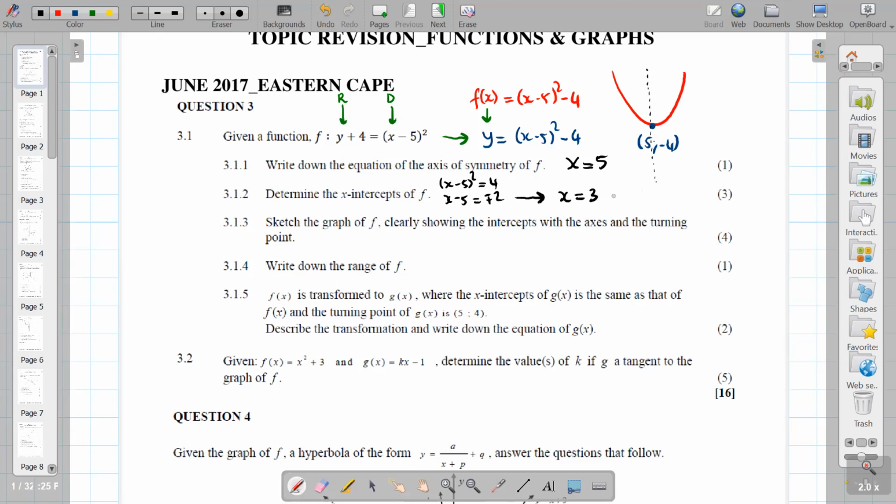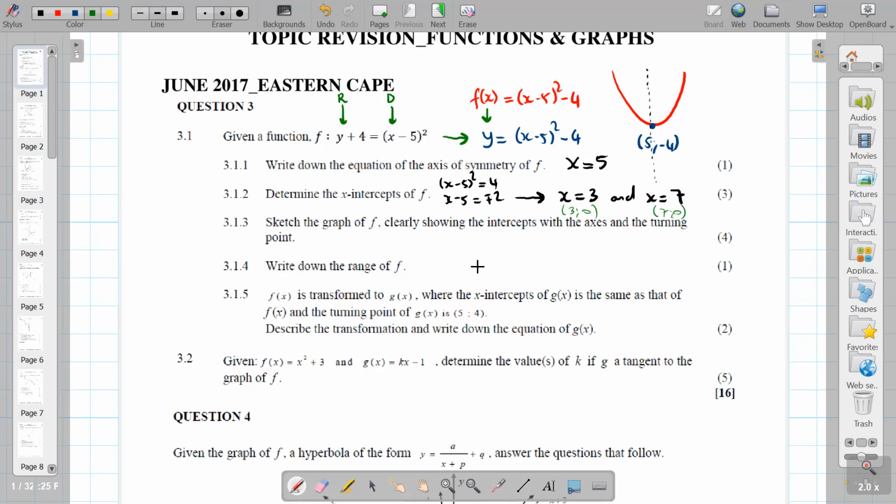And there are two x-intercepts, so here we can say 'and'. One of them is x is equal to 3, and the other one is x is equal to 7. So we can write in coordinate form, or not really: 3, 0 and 7, 0. It doesn't say, but that's okay.